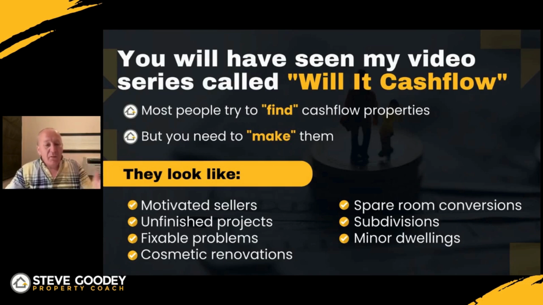One of the things I'm doing on that series on my Facebook page is a thing called Will It Cash Flow? In reality, what I'm doing is chucking the two words "cash flow positive" into the search engine on Trade Me for any property in the country, and I'm looking for real estate agents who are claiming that a property is cash flow positive.